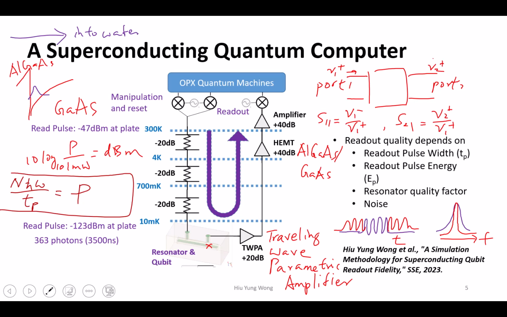Yes, because if you have a lousy, very broadband S21, then you cannot distinguish the shift. I just told you that the qubit is going to change the resonator frequency. If yours is very broadband and the shift is small, you cannot distinguish these two shifts. I will go into detail later. What you are reading is not just the pulse, it's the pulse times the S21.